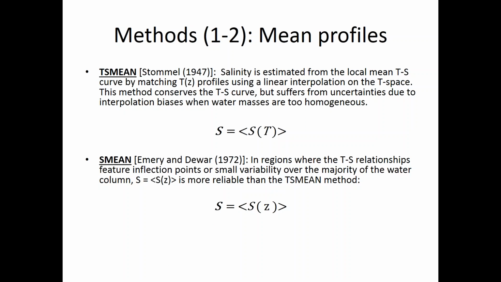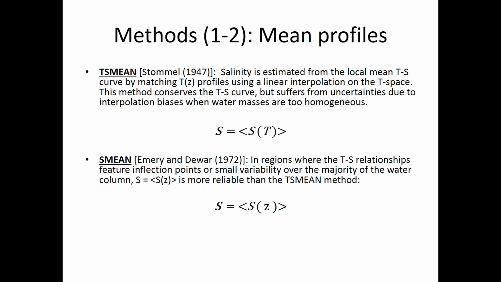So the method: as I said, we are going to apply 4 methods here. The first 2 methods are more for historic reasons. These are the classic methods used to infer salinity in the ocean. The first one was devised by Stommel in 1947, which shows that the mean TS relationship can be very strong to infer the salinity.